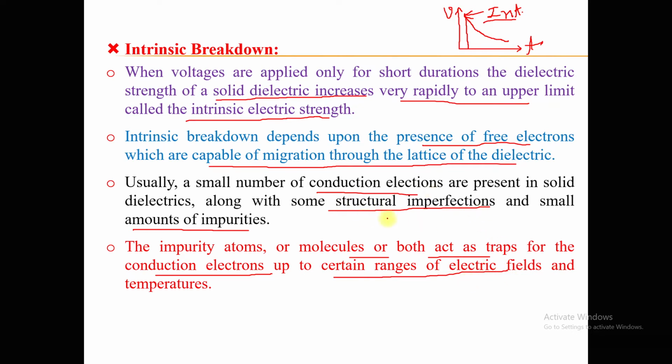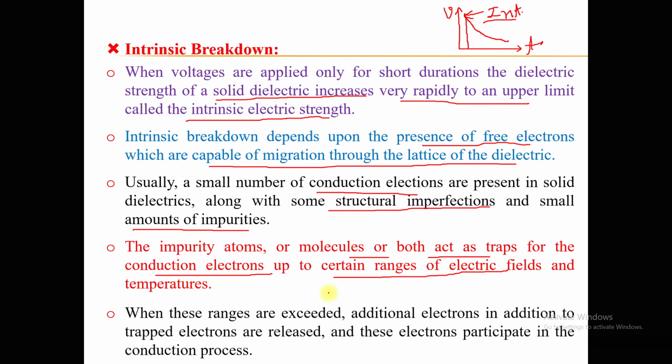So whatever imperfections or impurities are present, they will try to prevent the jumping of electrons from the valence band to the conduction band. So they are actually trying to block them, up to a certain range of the electric fields and temperatures.